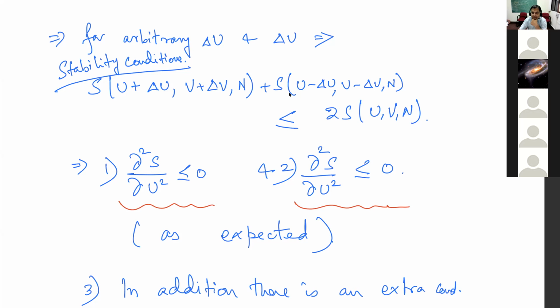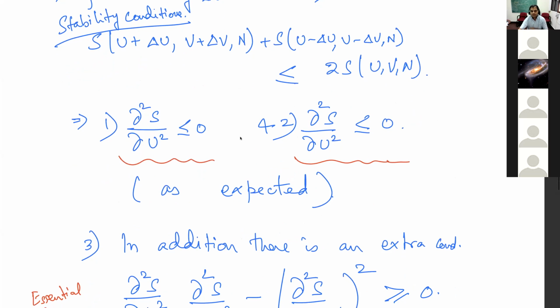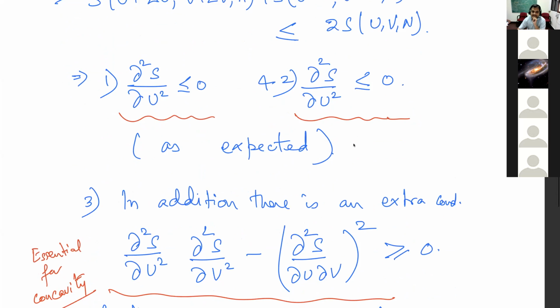So the line where my cursor is, that's the global condition, and the other lines, 1, 2, etc., are the local conditions. These two local conditions I can also derive if I think of the 2D system as effectively a 1D system. Then I'll also get these two conditions. The second condition is d2S by dV2, so that's a typo here, less than or equal to 0.